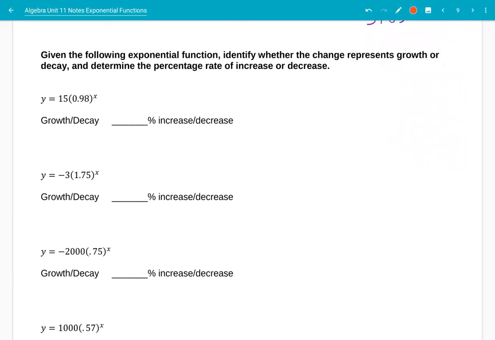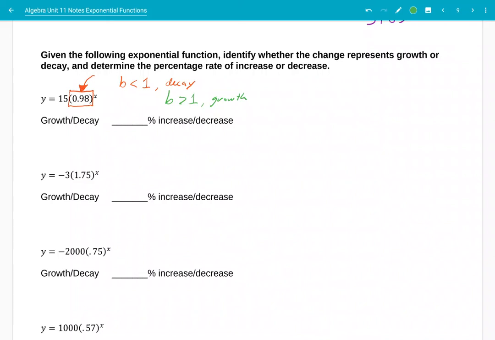Okay, well, let's see. We just want to know if it's growth or decay. And we do that by looking at this value here. Remember the B value, that's your rate. And if B is less than 1, then it's decay. And if B is greater than 1, then it's growth. That's pretty easy.